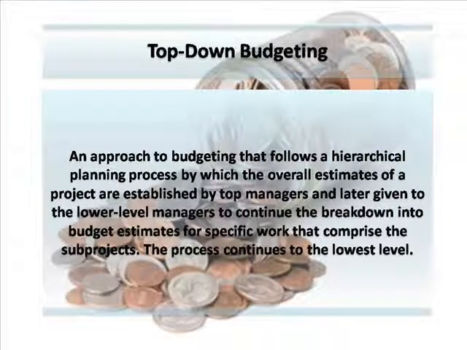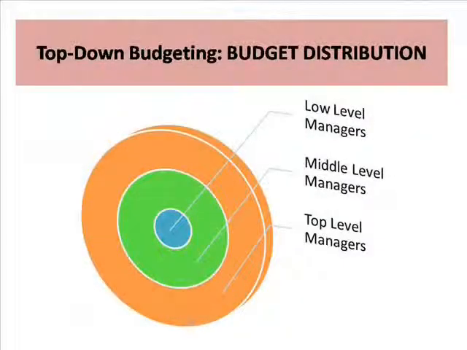Now, top-down budgeting, as the term implies, a project budget or overall estimates will be established by top managers, and later these figures are given to the low-level managers to continue the breakdown into budget estimates for specific work activities.